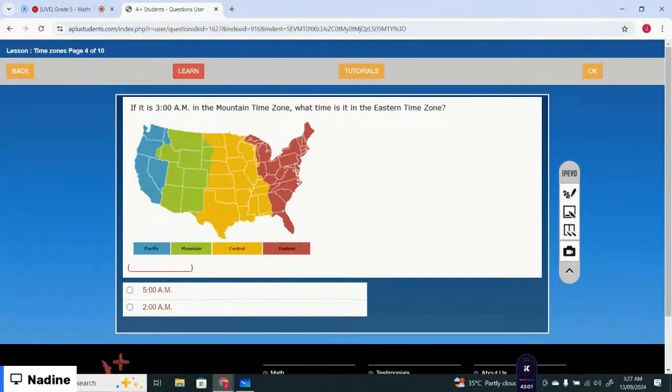If it is 3 a.m. in the mountain time zone, what is it in the eastern time zone? So which is the correct option?